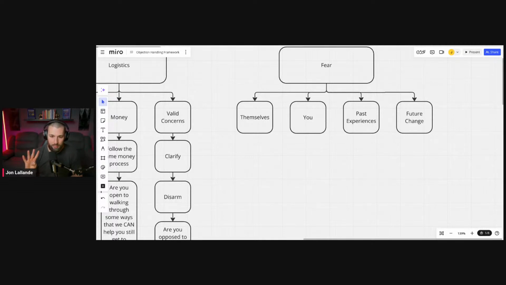Now, there's 4 main fear objections that we get. One is they're scared of themselves making the wrong decision, right? The second one is they don't trust that you can actually help them with this. The third one is kind of similar to this one. It's past experiences. So they have made a bad decision in the past and they're letting it burn them.